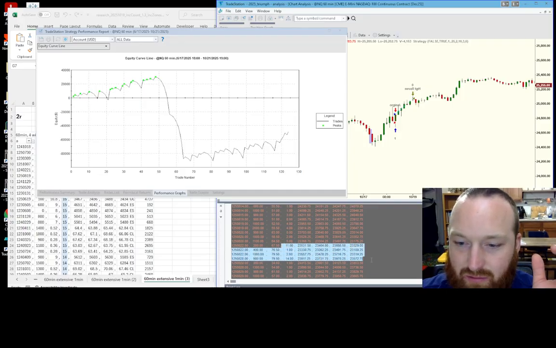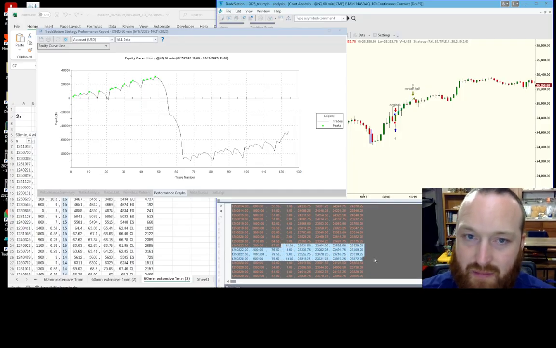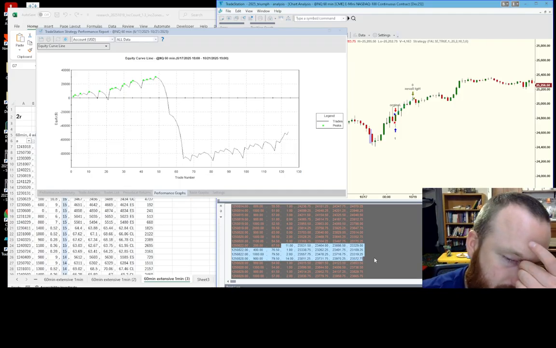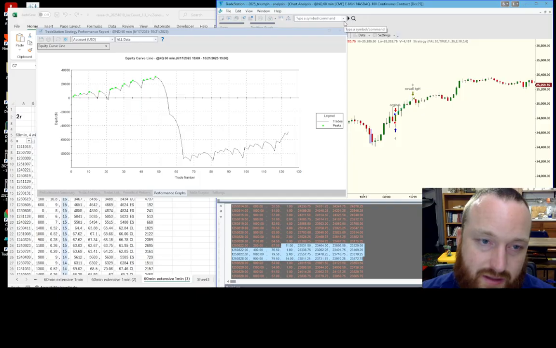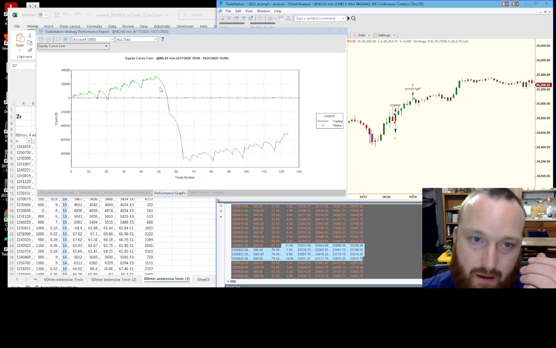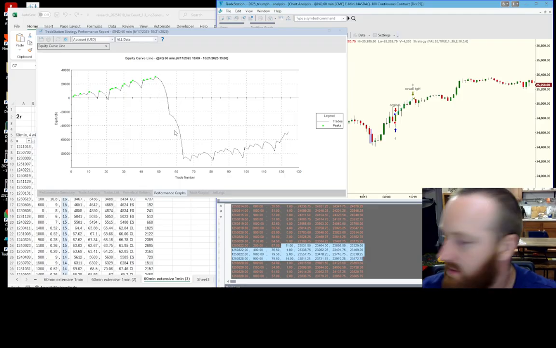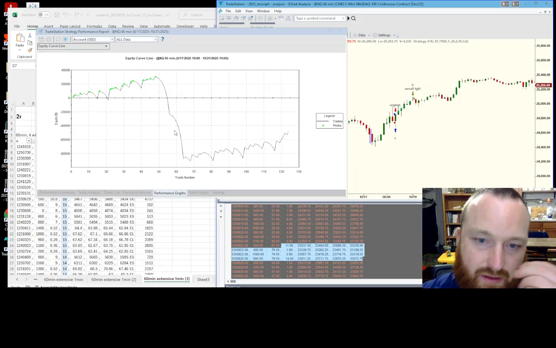It's relatively rare that this can happen. You look back in history, you look back across symbols. I'll probably test another symbol here with the same settings, and it's just very rare that you get big losses like that.